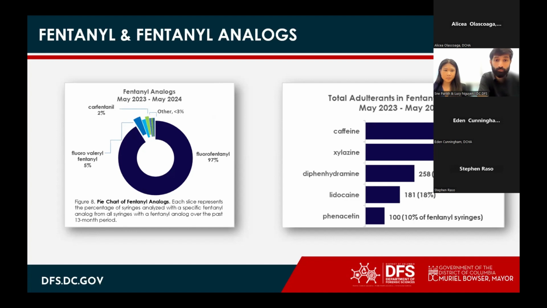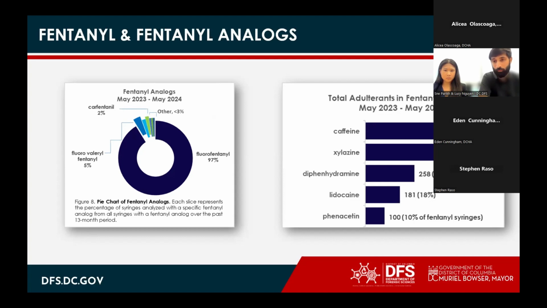Fluorovalerofentanyl is slowly but steadily increasing. Like I said, this wasn't seen until just a couple of months ago, and it's already comprising 5% of what we're seeing. We have detected carfentanil and some other fentanyl analogs in several syringes as well.